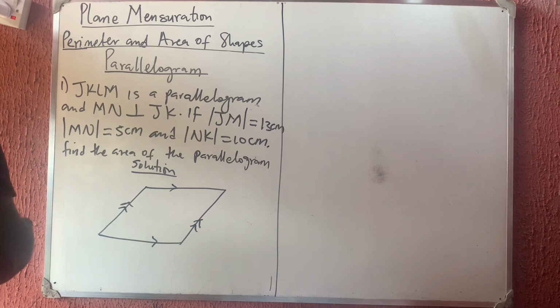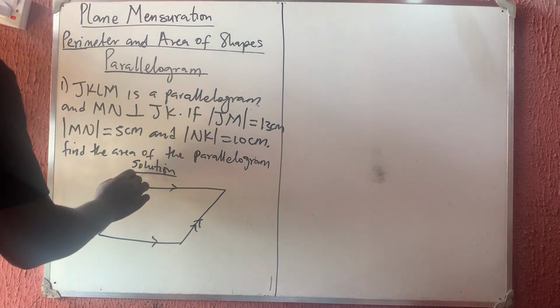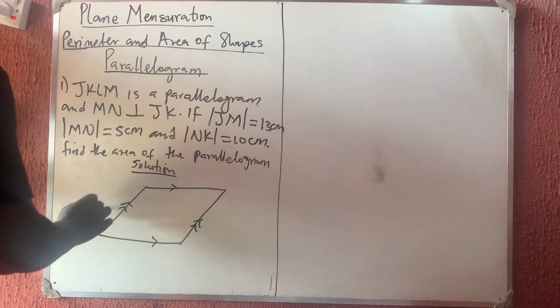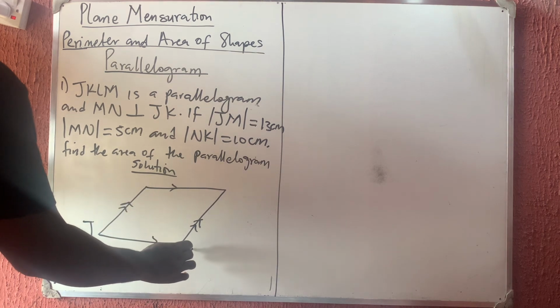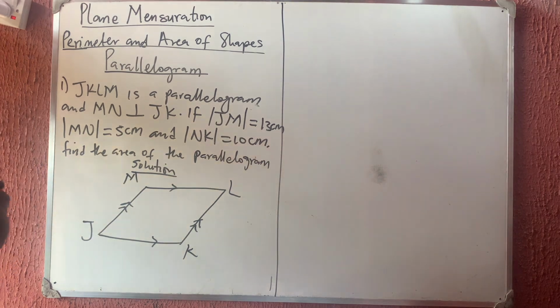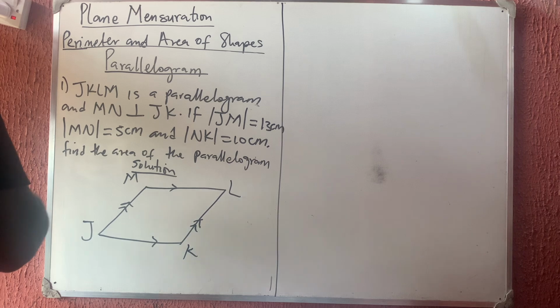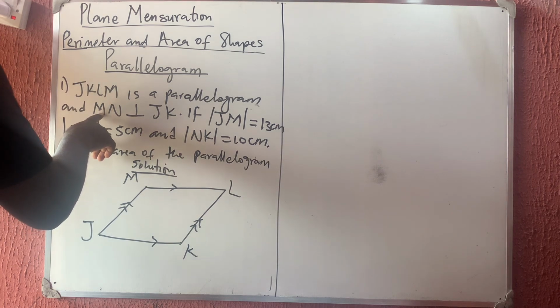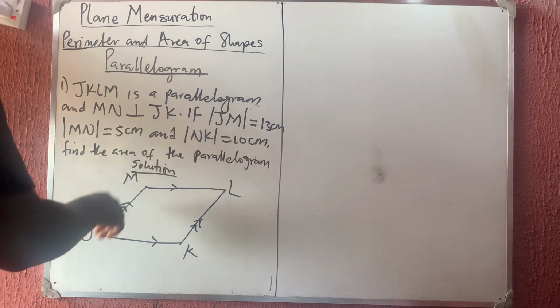You can decide to name clockwise, so we can say here is J, K, L, and M. And they say that line MN is perpendicular to JK.